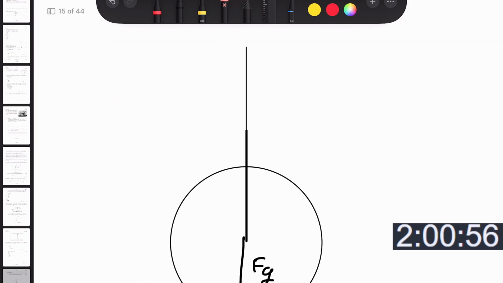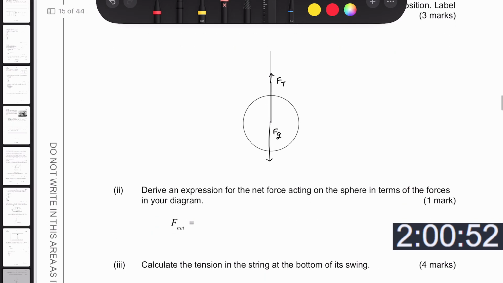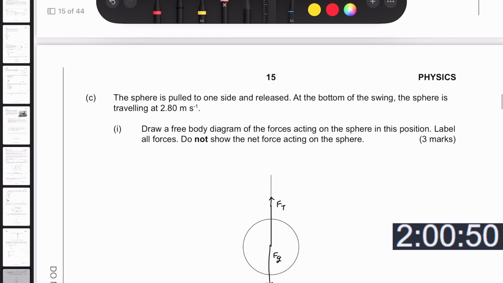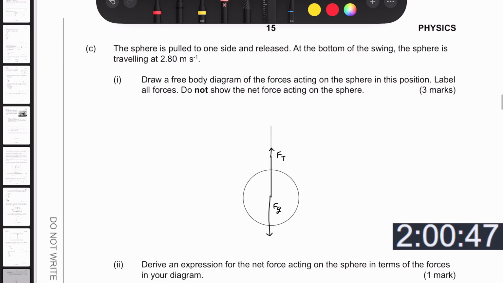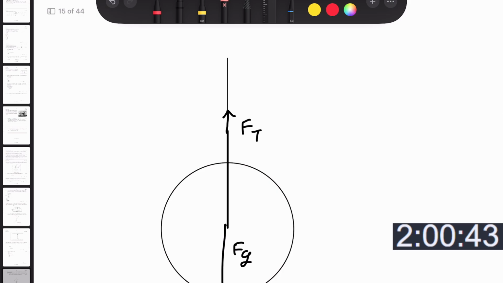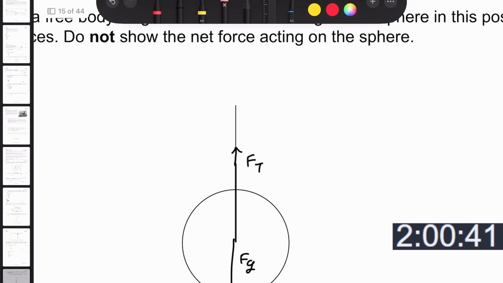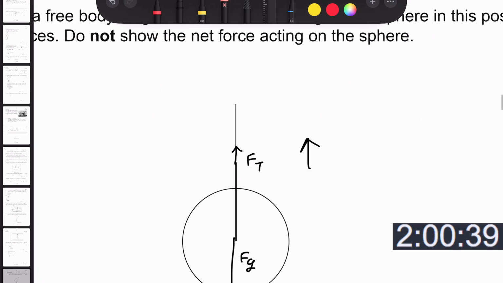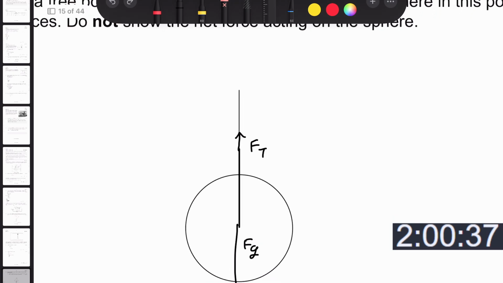Imagine the tension is probably a little bit higher than the force of gravity. Obviously the force of gravity can't be higher. Yeah, okay, no, force of tension has to be higher because we need to be traveling circularly. If we're traveling circularly, we need my net force to be going upwards.